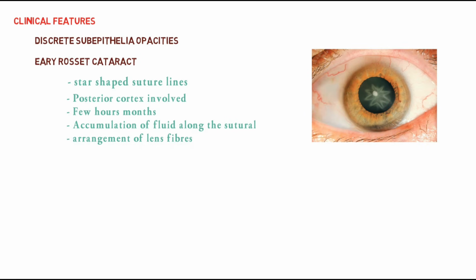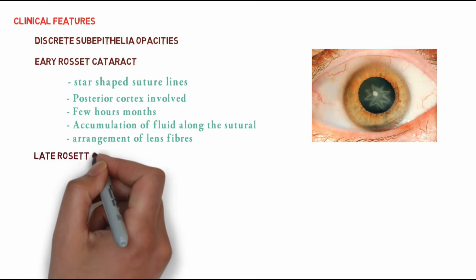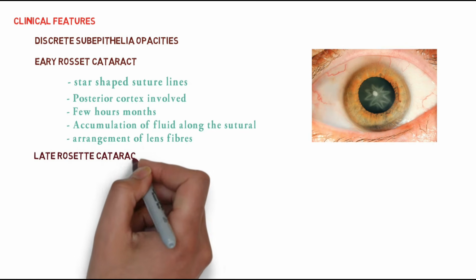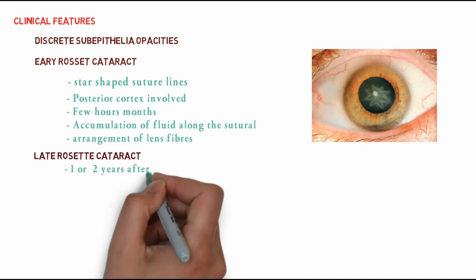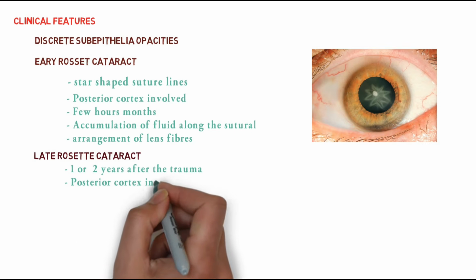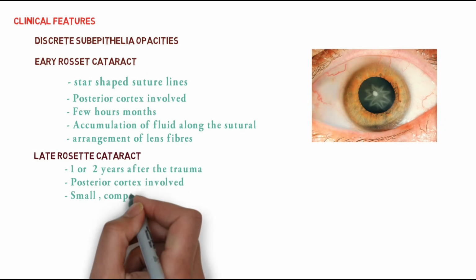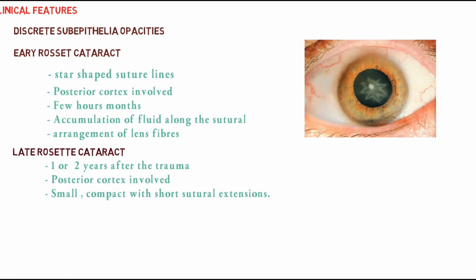Now the other one is late rosette cataract. It occurs 1 or 2 years after the trauma. The posterior cortex is involved, and it is small and compact with short sutural extensions. Look over here.